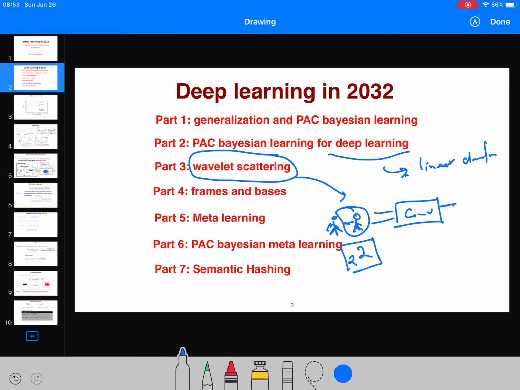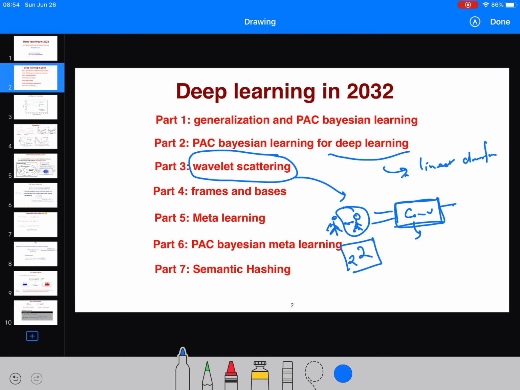And that's why people invented convolution. That's why convolution is very important. But people now generalize convolution to group equivariant versions of that. But what I want to suggest is the work of that French mathematician, Stéphane Mallat, who introduced wavelet scattering in one of his articles.